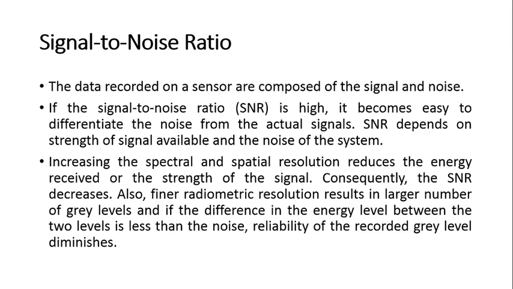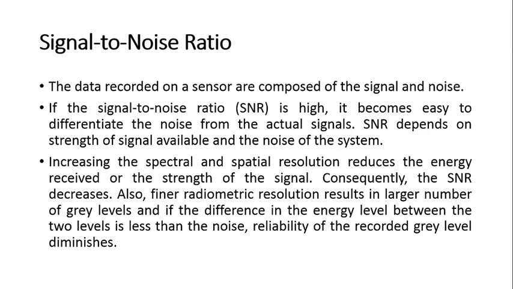For example, fine spatial resolution requires a small IFOV. The smaller the IFOV, the smaller the area of the ground resolution cell, and hence less energy is received from that area. When the energy received is less, the sensor's ability to detect fine energy differences is lesser, thereby leading to poor radiometric resolution.